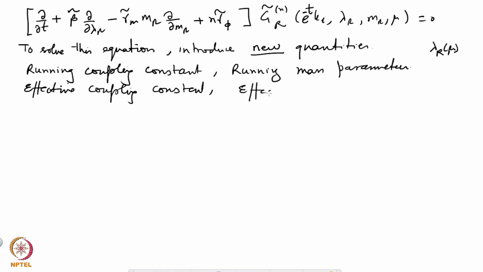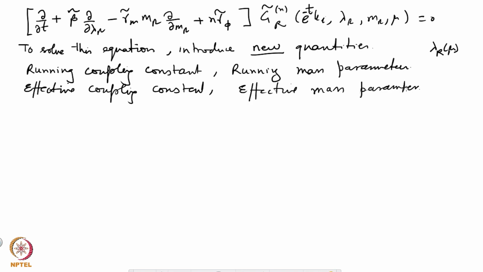And this is also called effective mass parameter. So I'm not going to give you a direct functional form of these running coupling constant and running mass parameter. Rather, the way we define it is through a differential equation that this satisfies.